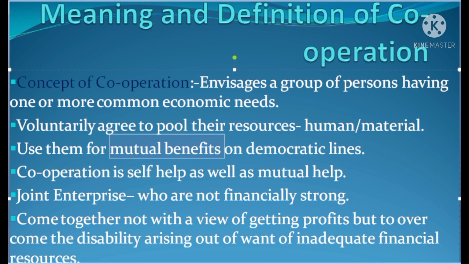They come together not with a view to getting profit, but to overcome the disability arising out of inadequate financial resources. That means they are not financially sound. They cannot start a business on their own because they lack financial resources. They come together, pool their small amounts and start a business.